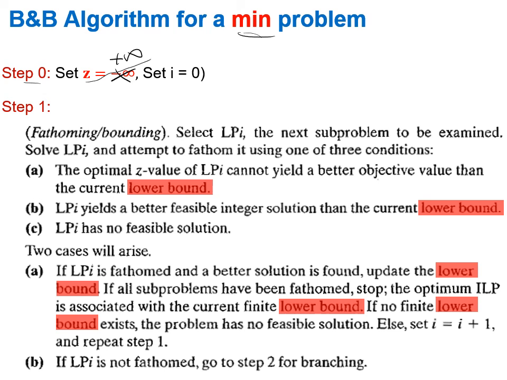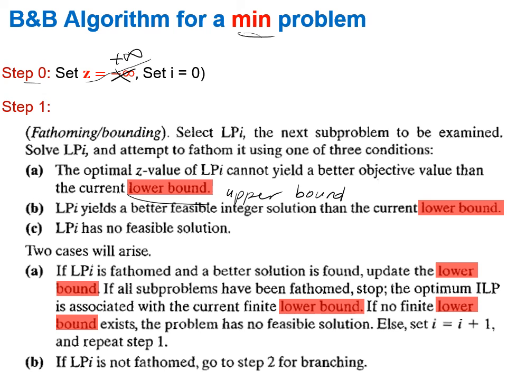We start from here. Then again, we select the next LP and solve it. If this LP cannot yield a better objective function value than the current bound, which is now an upper bound rather than a lower bound, then we fathom it.